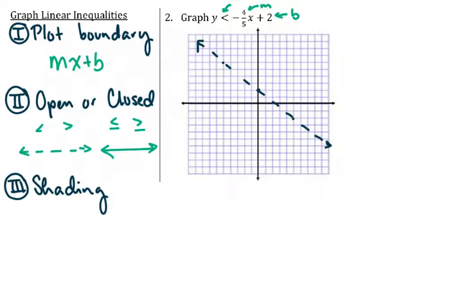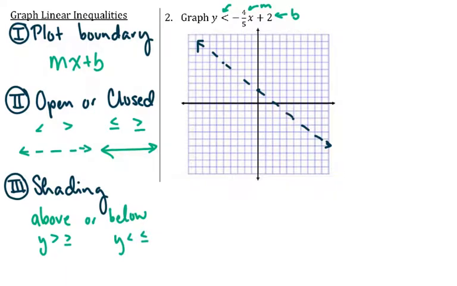Lastly, with shading, we're looking at above or below the line, above being y is greater than or equal to, and below, meaning that y is less than or equal to.